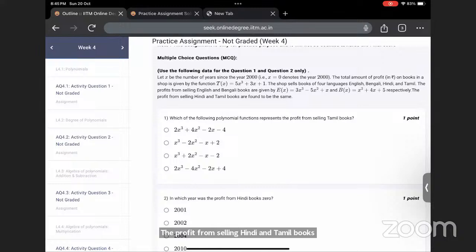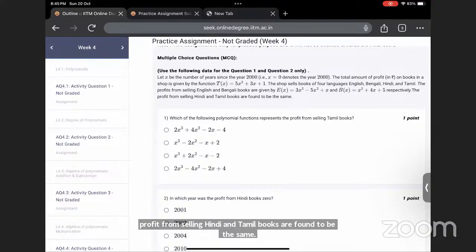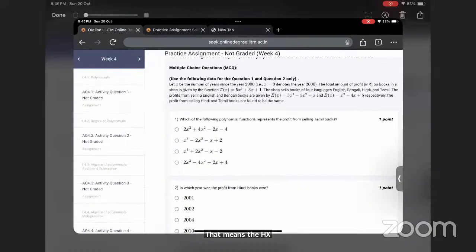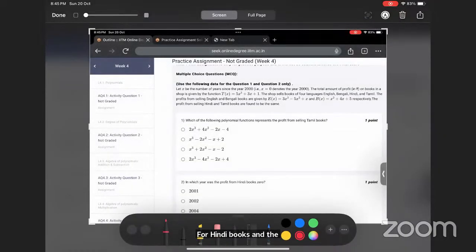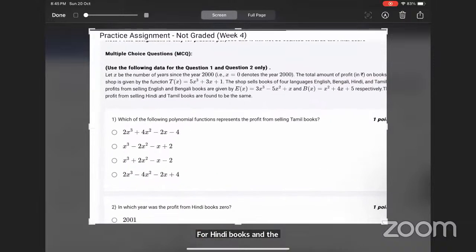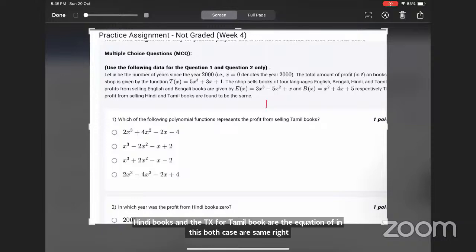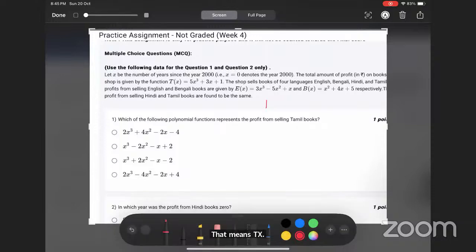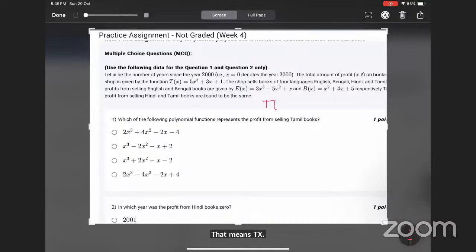That means the H(x) for Hindi books and the T(x) for Tamil books, the equations in both cases are the same, right? That means T(x) equals H(x). So which of the following polynomials represents the profit for selling Tamil books?